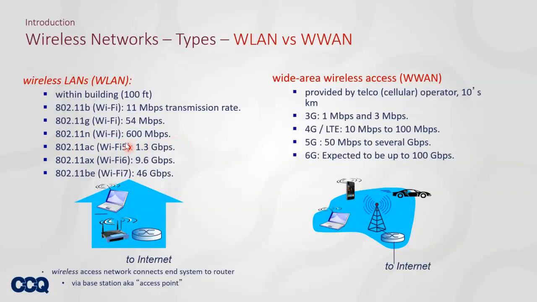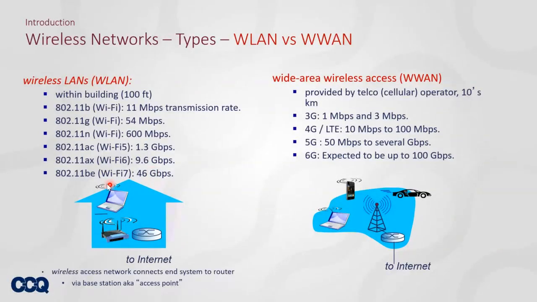Then Wi-Fi 5, which is the standard 802.11ac, can reach speeds up to 1.3 gigabit per second. This was established in 2013. In 2019, 802.11ax was established, Wi-Fi 6, which can reach speeds up to 9.6 gigabit per second.